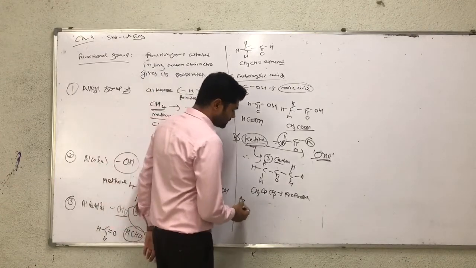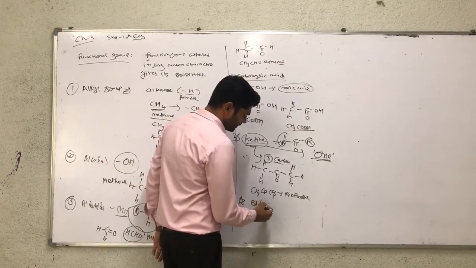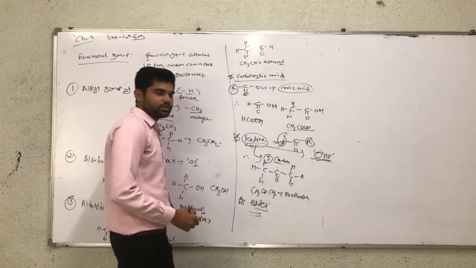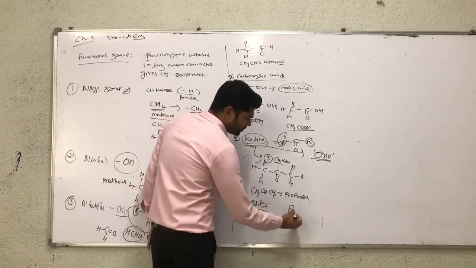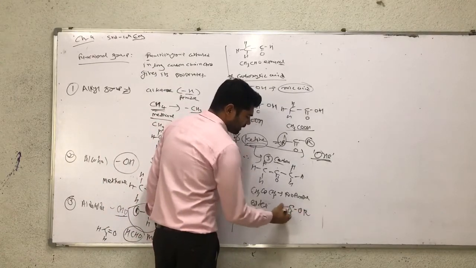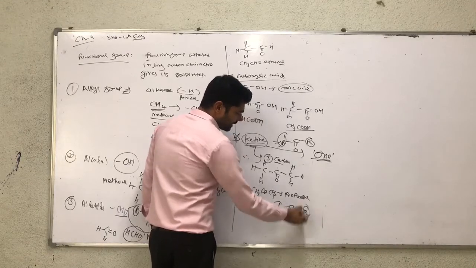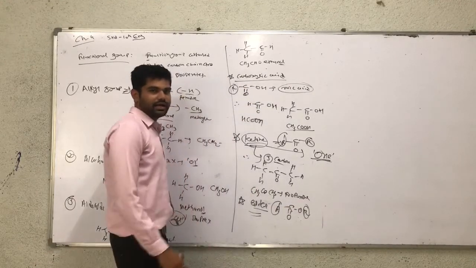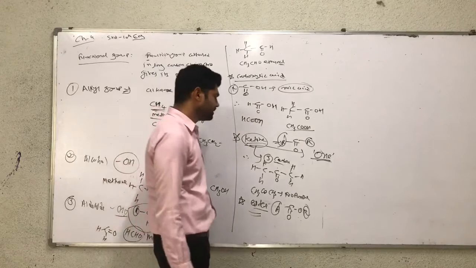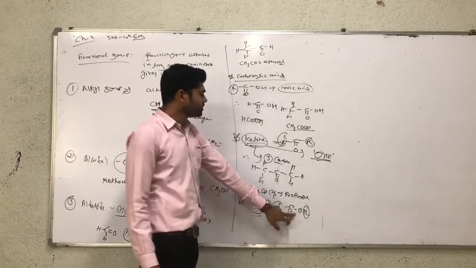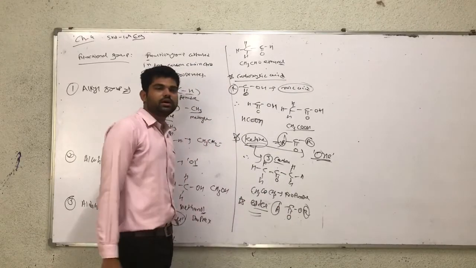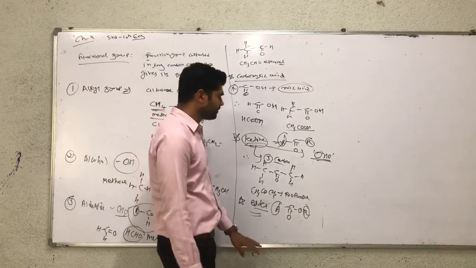Now last is ester. Ester is similar to ketone: C double bond O, O R, and here R dash. R and R dash are any alkyl group, long hydrocarbon chain. It is also attached in the middle of carbon, not at the end of carbon.